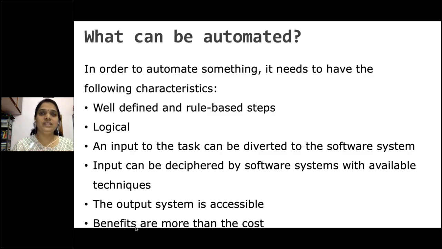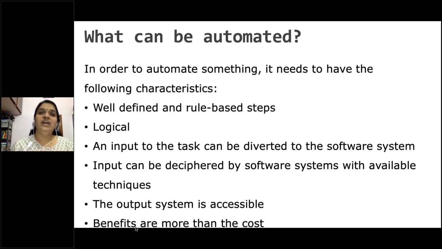So when we saw the video in the bank, they had steps to follow. So what is done first, what is done second, which document to go and refer, which software to be deployed when I do the process. If I have well defined and rule based steps, if something happens, what should I do? If something doesn't happen, if there is a person who didn't pay his EMI on a particular day, what should I do? If he is paying on a particular day, what is to be done?